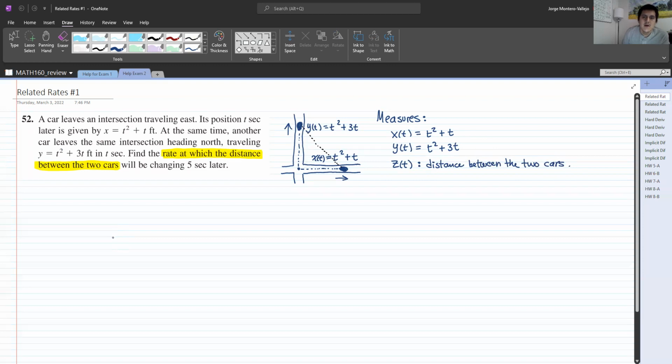Now, okay, so that is one important thing that you want to write down when you are solving a related rates problem. Okay, the measures. Now there is another big step that you need to make, and that is writing down the equation that relates your measures.